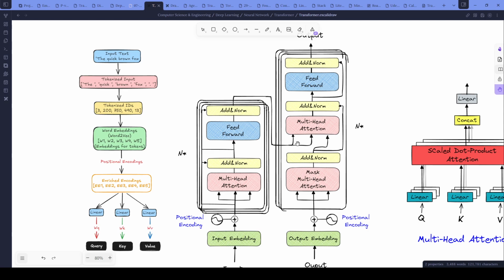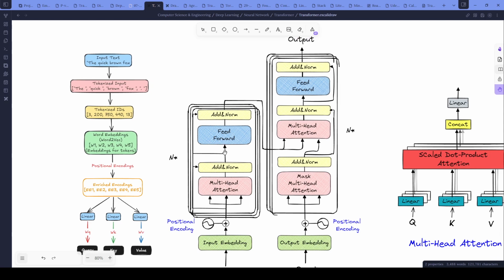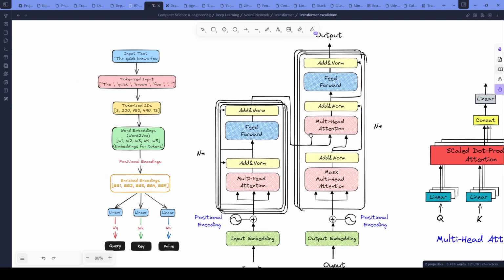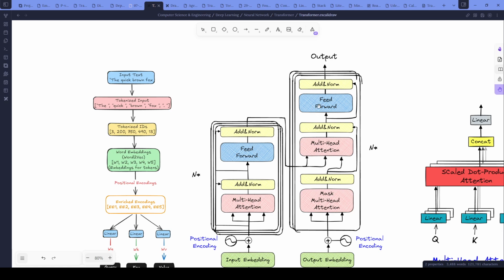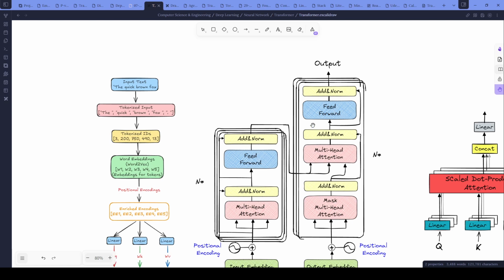This process matches the encoder's input to the decoder's input, allowing the decoder to decide which encoder input is relevant to put a focus on. The output of the second multi-head attention goes to a point-wise feed-forward layer for further processing. From here we are finally getting the output from the transformer architecture.